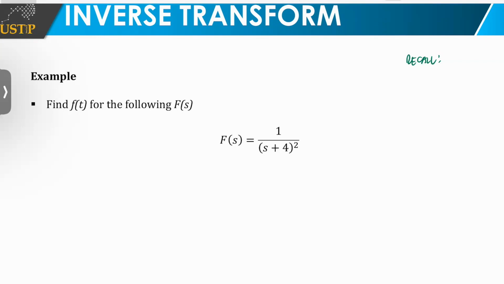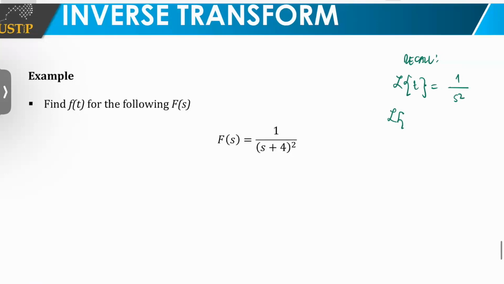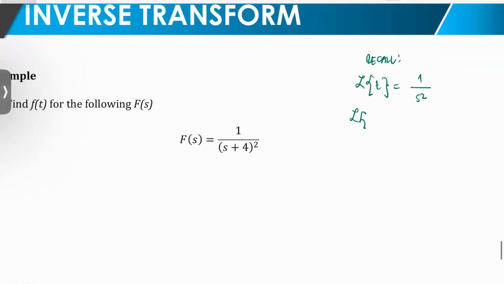So the most important thing to recall here, class, is the Laplace transform of t, which is 1 over s squared. If I were to approach this, class, the s is not squared, so this is not cosine, sine, hyperbolic cosine, or hyperbolic sine.